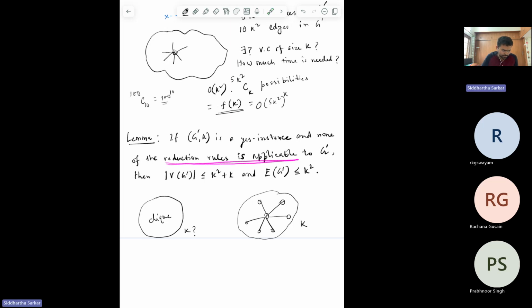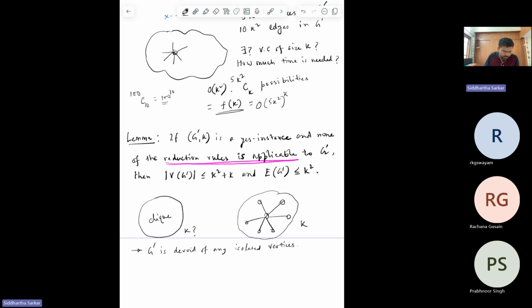Okay, so first thing is, since we cannot apply rule 1 anymore, that means G does not have any isolated vertices. That is sure. G dash, for our purposes, is devoid of any isolated vertices. That is the first thing.